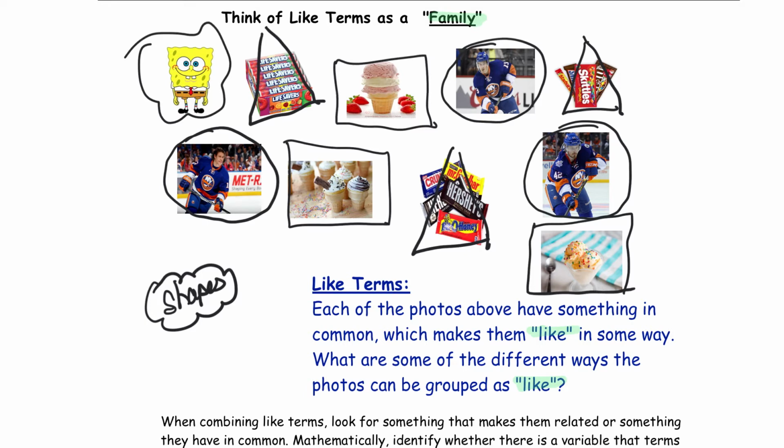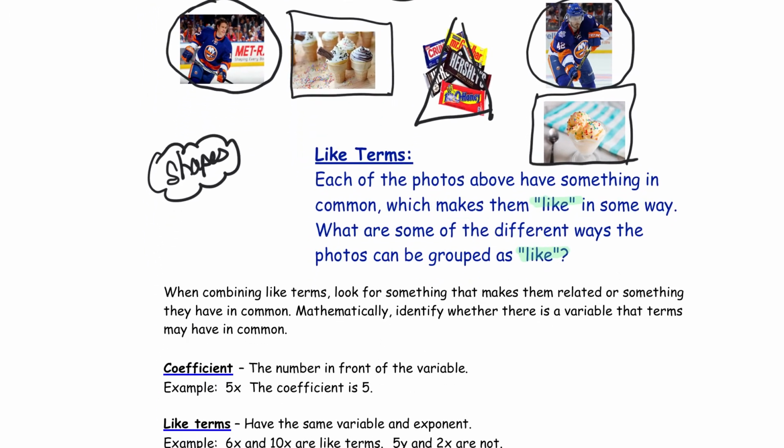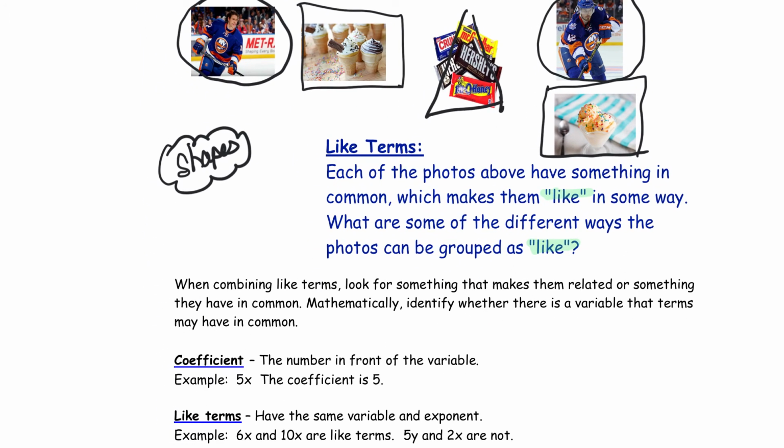So let's take a look at what the notes say. When combining like terms, look for something that makes them related or something they have in common. Mathematically, in math terms, identify whether there is a variable that terms may have in common. So we start off by just looking at basic pictures.